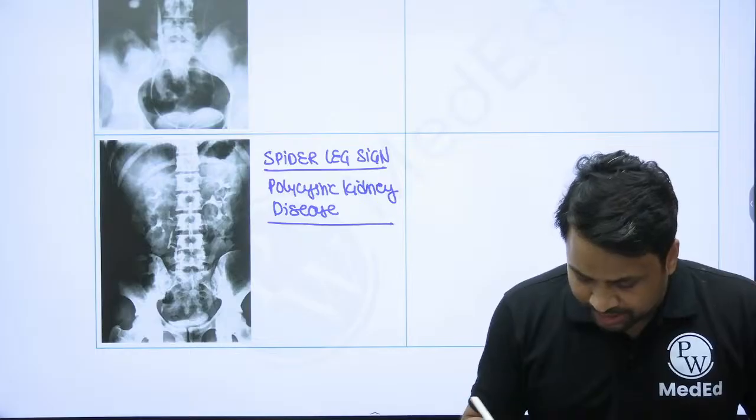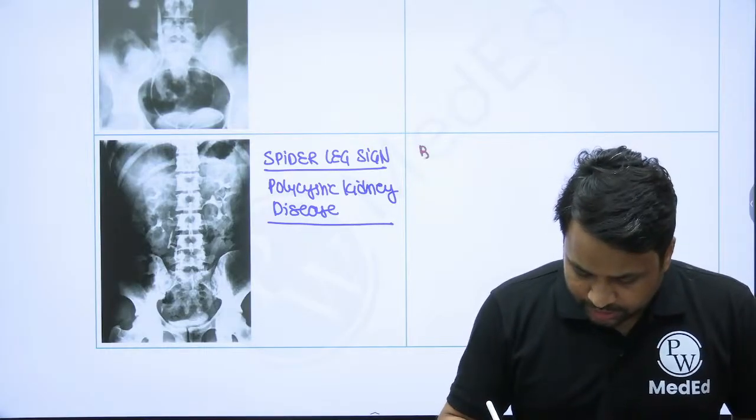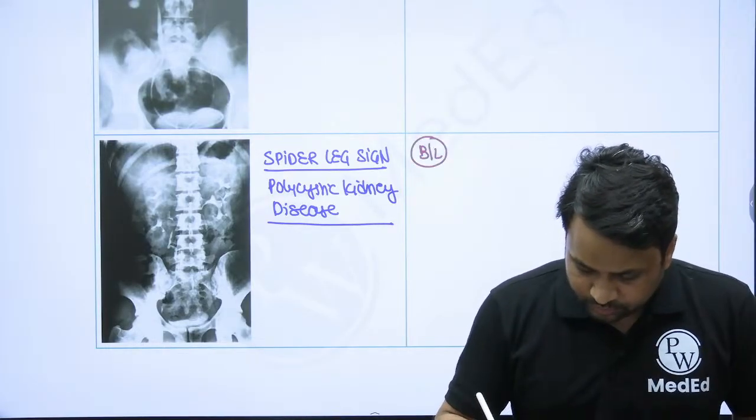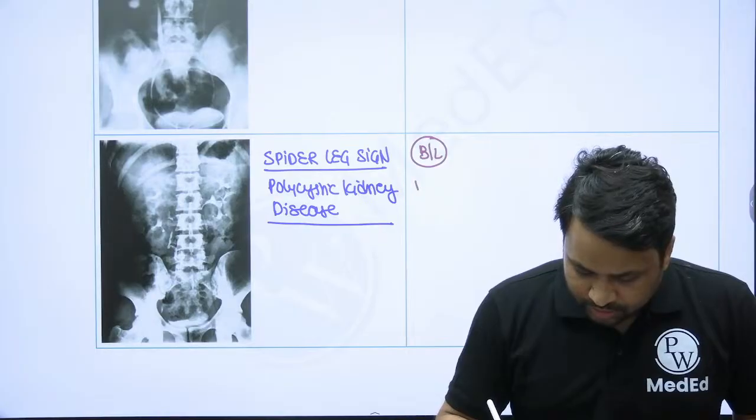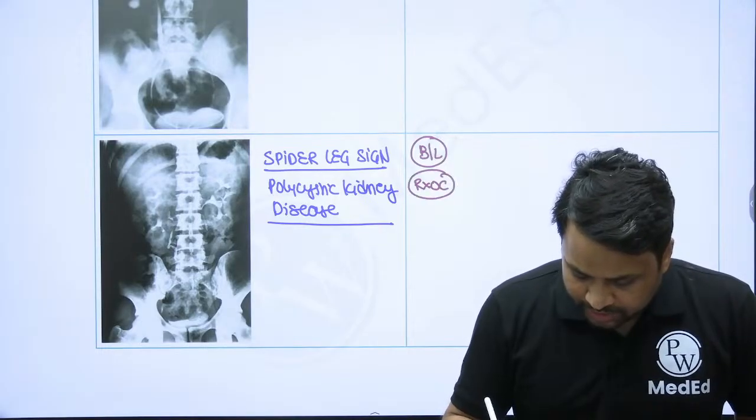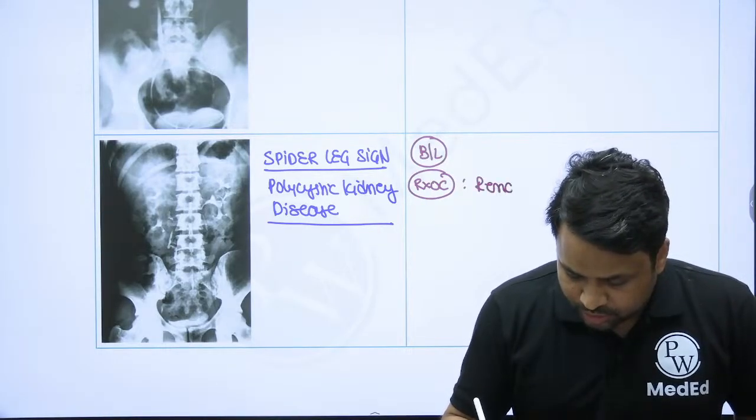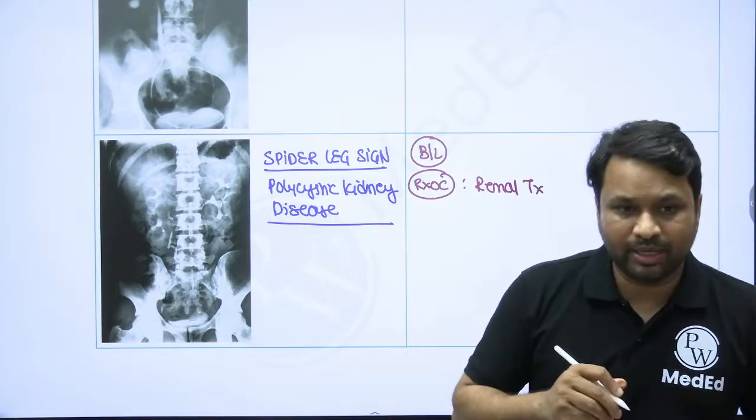So remember, PKDs are usually bilateral. The treatment of choice for PKD is going to be renal transplant.